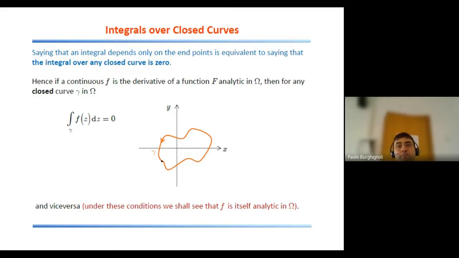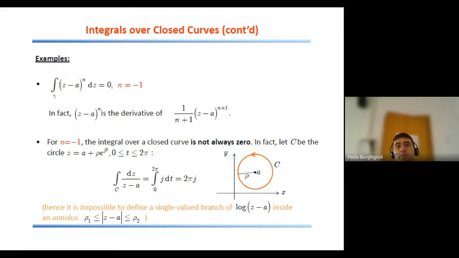Okay, let us give some examples, very important examples actually, and let us consider monomials, which we know are examples of analytic functions. If you consider the monomial (z - a)^n, where n is a relative integer different from -1, and a is a fixed point in the complex plane, then we may very easily prove that the integral of this monomial along any closed curve is equal to 0.